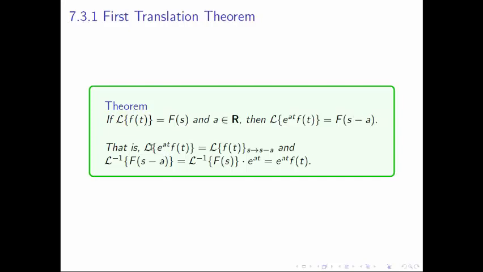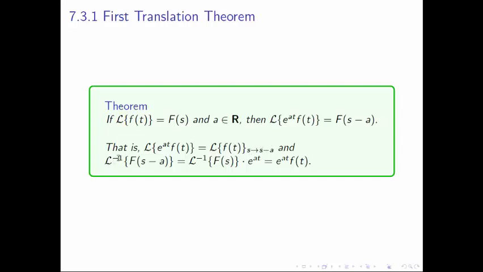Here is the various notation that we might use. So the Laplace transform of that product, you might see this written as the Laplace transform of the function, and because that will be a function in terms of s, you'll evaluate that at s minus a.